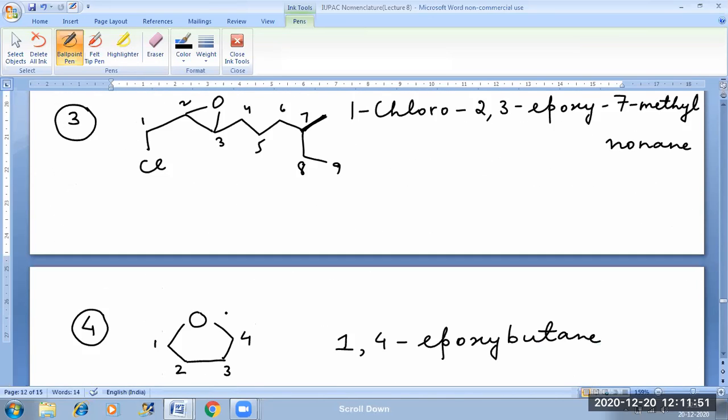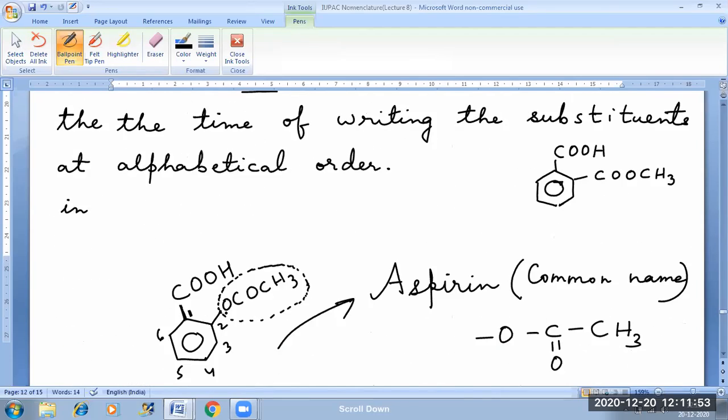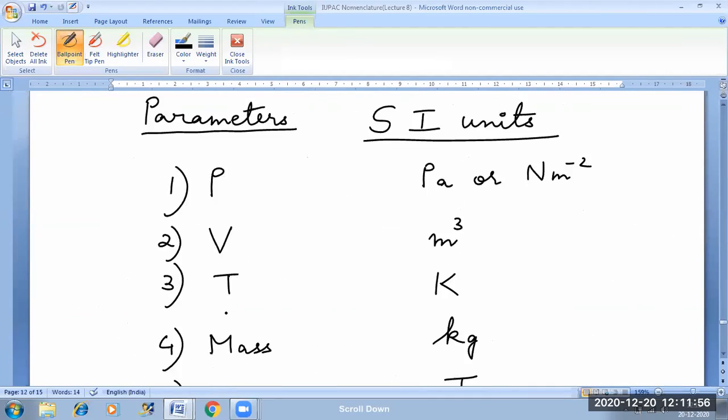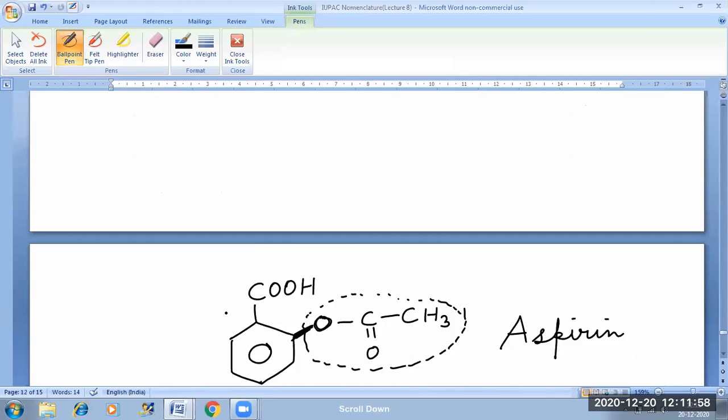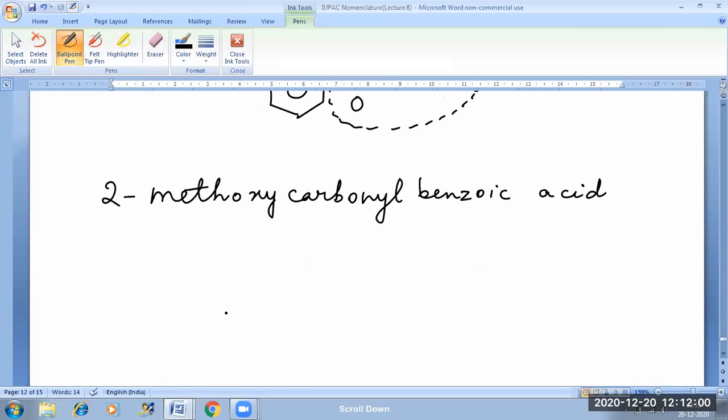Okay, let's try one anhydride now. I'll give you one anhydride. Try to write the IUPAC name for the anhydride. Let's say I have this.